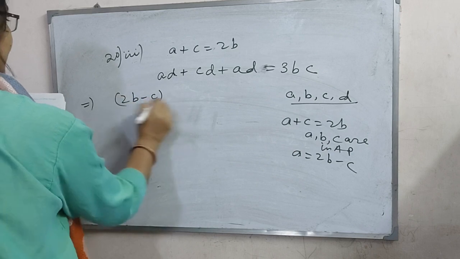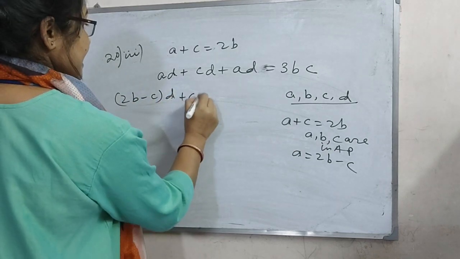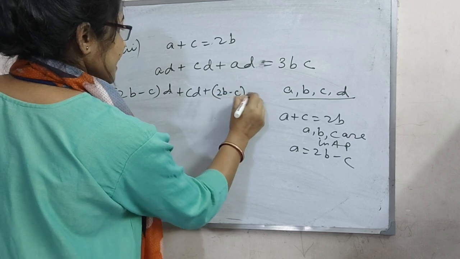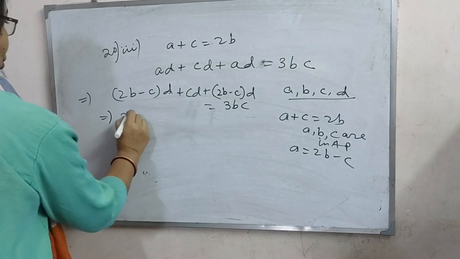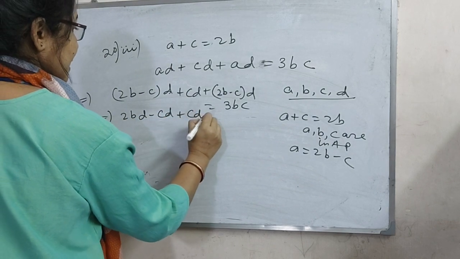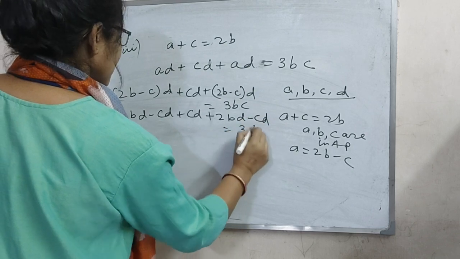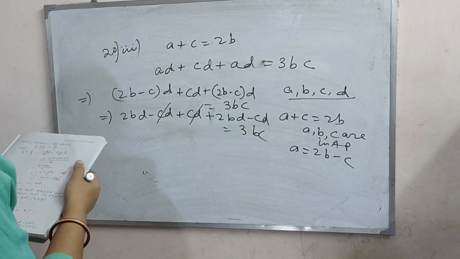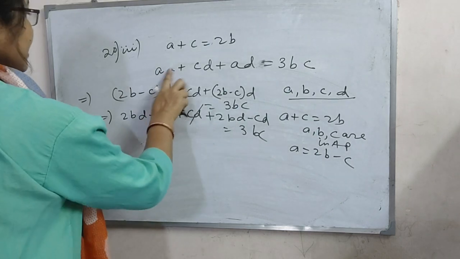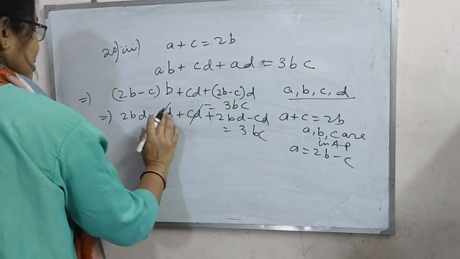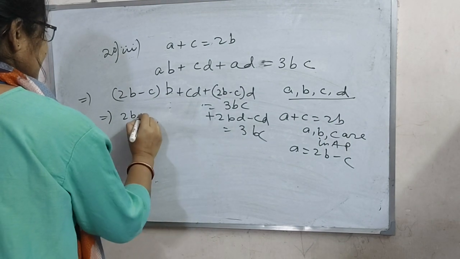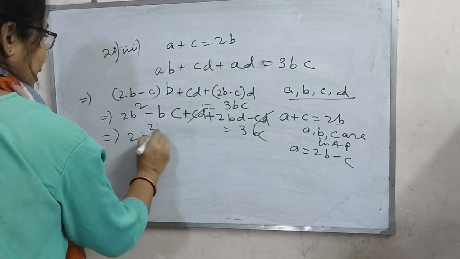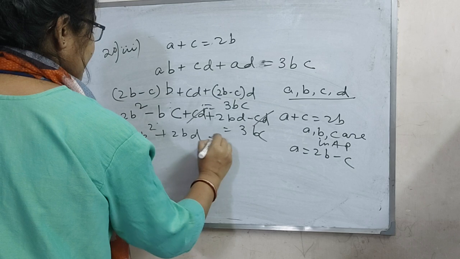Substituting a equals (2b minus c) into d, plus cd plus, we remove a from here, (2b minus c) into d, this equals 3bc. 2bd minus cd plus cd plus 2bd minus cd equals 3bc. cd cancels out. So 2b square minus bc plus cd, cd cancels out. 2b square plus 2bd equals 4bc.